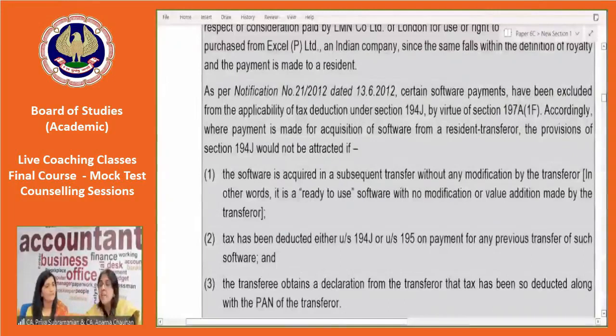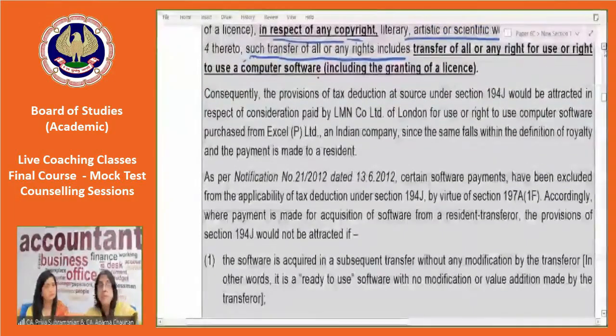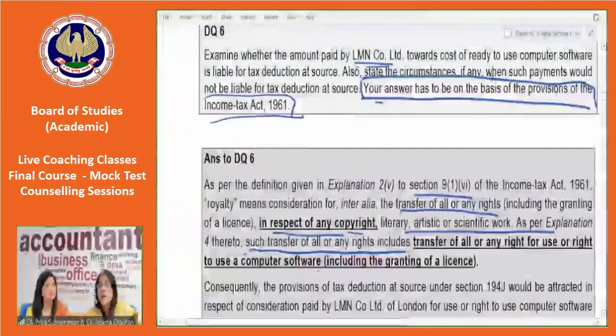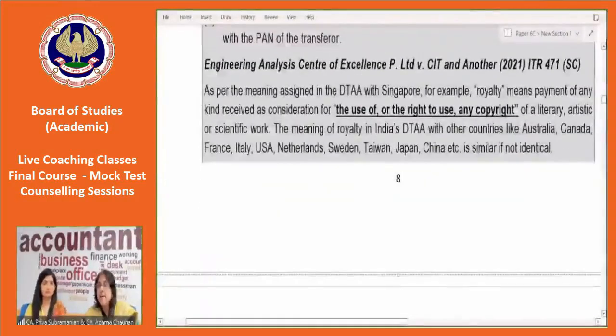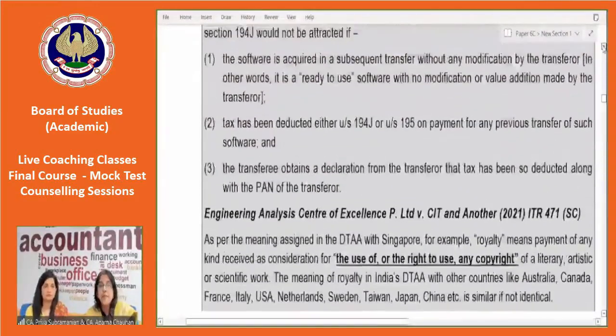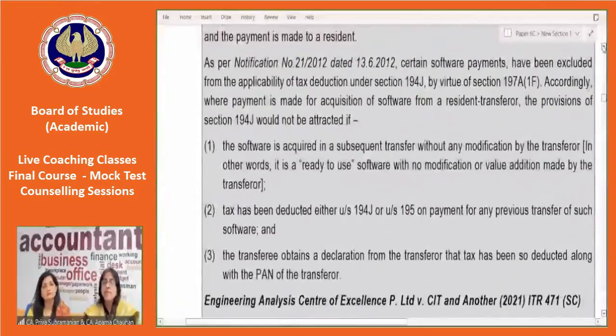But the second part of the question asks whether there are any circumstances when such payments will not be liable to tax at source. CBDT has provided that suppose the software is acquired in a subsequent transfer without any modification by that transferee.